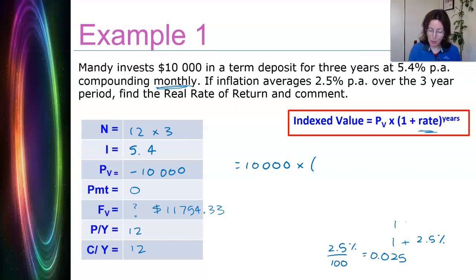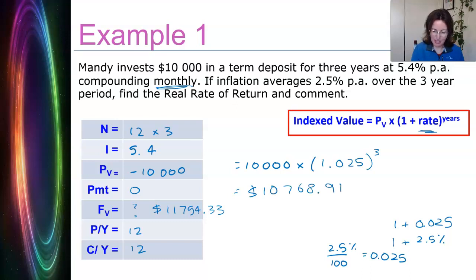So essentially we've got 1 plus 0.025, and that's 1.025 when you add those two together, to the power of the number of years. So we've got 3 years here, and that is equal to $10,768.91. That's becoming our PV in the next step.